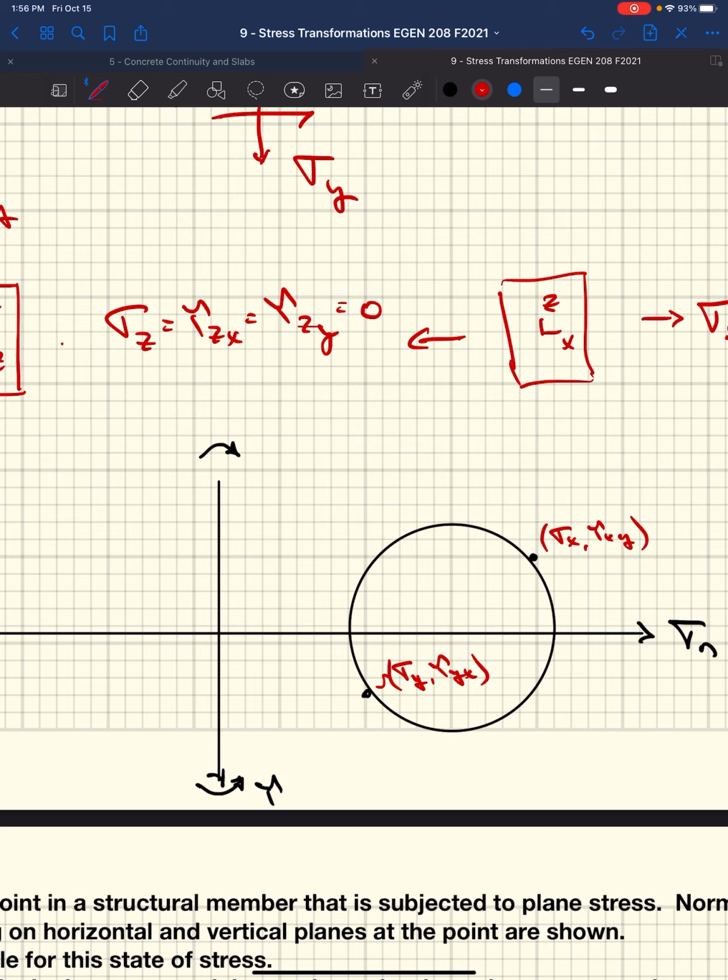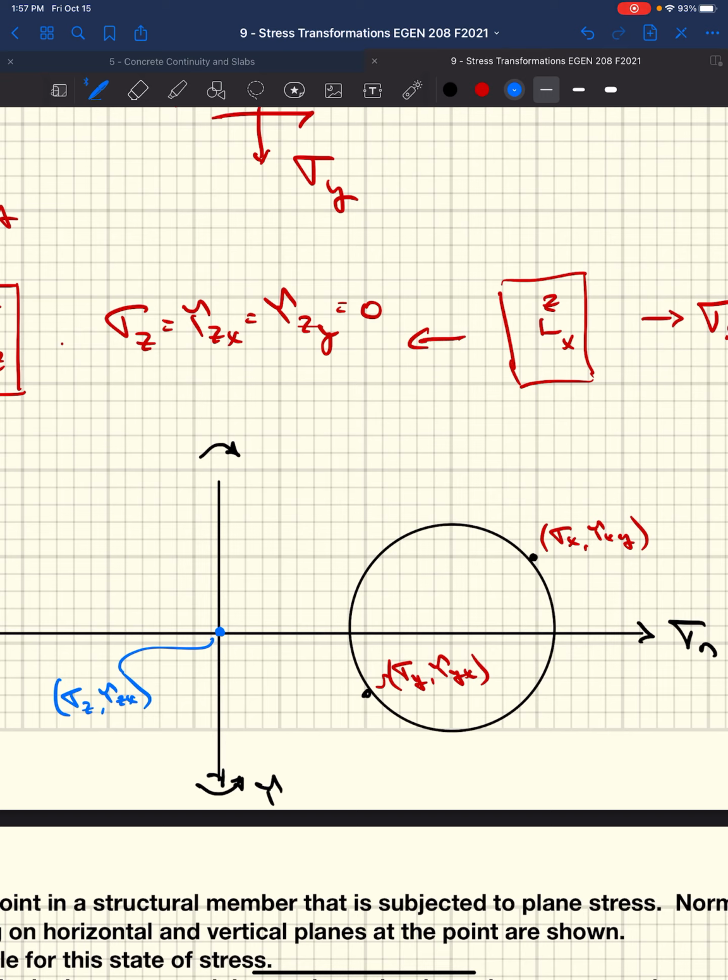In order to see that, we need 2 more circles. We need the XZ plane and the YZ plane. Well, we know one more coordinate. This is sigma Z, tau ZX, or tau XZ. It's always going to be at this origin.